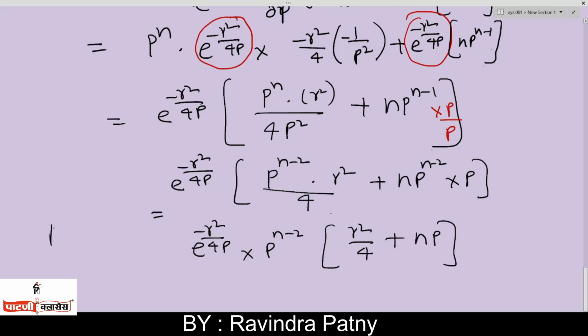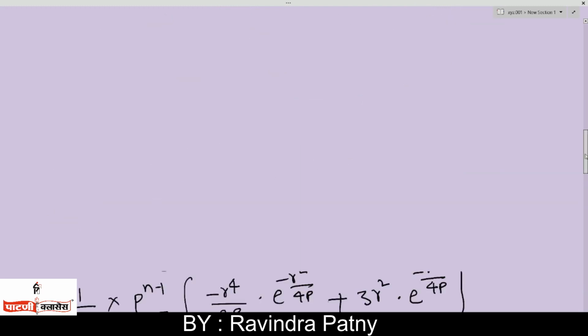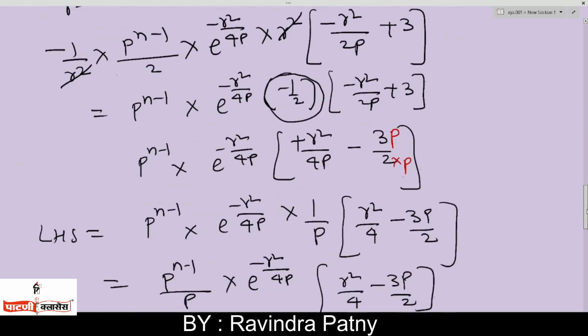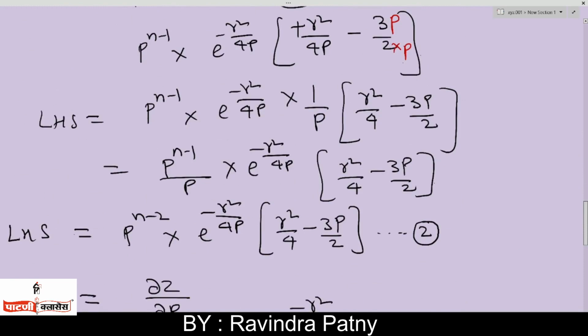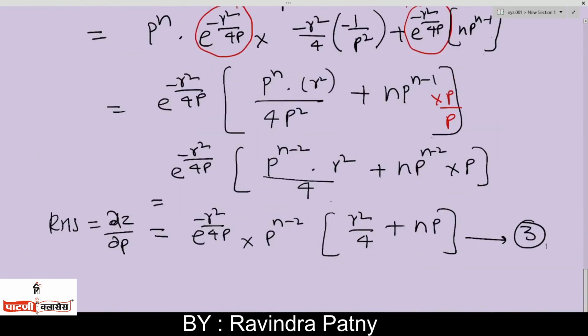This is nothing but RHS, result of dou z by dou p equals, call it equation number 3. Now comparing LHS and RHS, the result of LHS was equation 2 and the result of RHS was equation number 3.